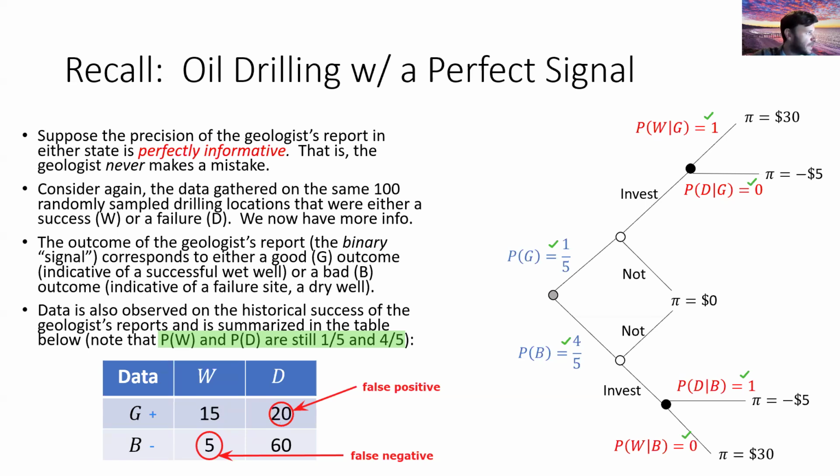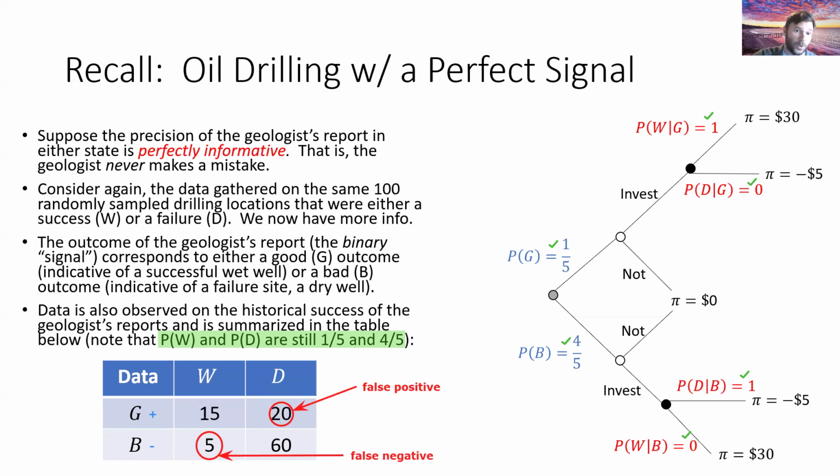Notice in the W column, there's still a total of 20 successful wet wells. I have not changed that. And in the D column, there are still a total of 80 failures, dry wells. I have not changed that. The only thing I've changed is how good the geologist is at identifying them.